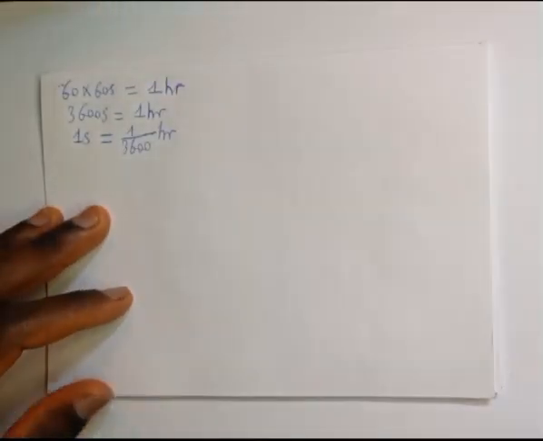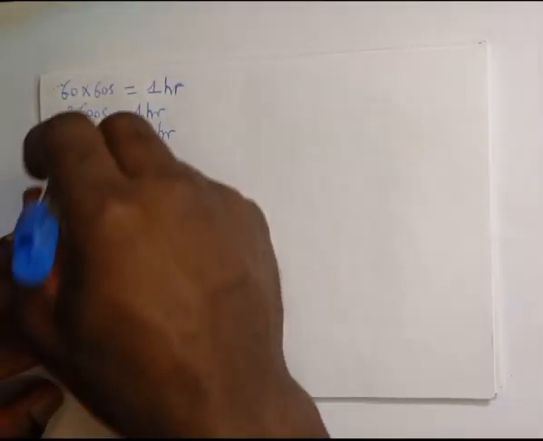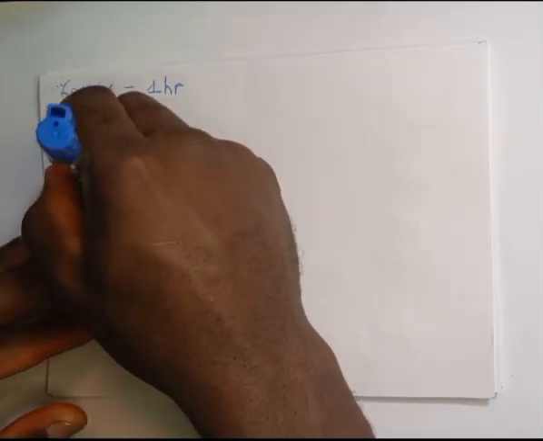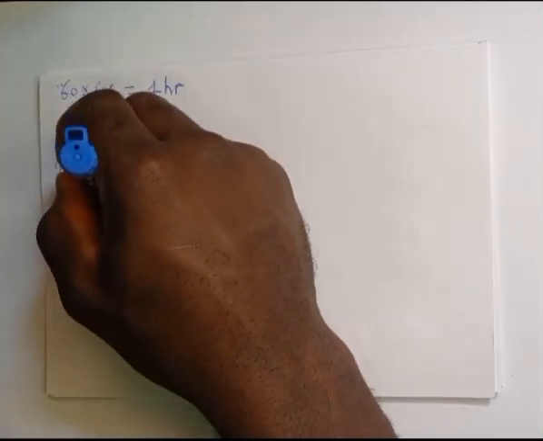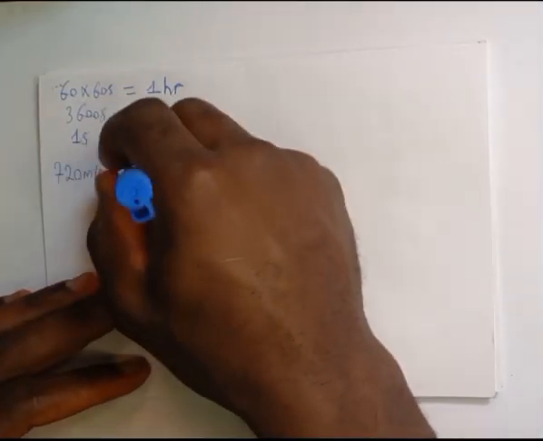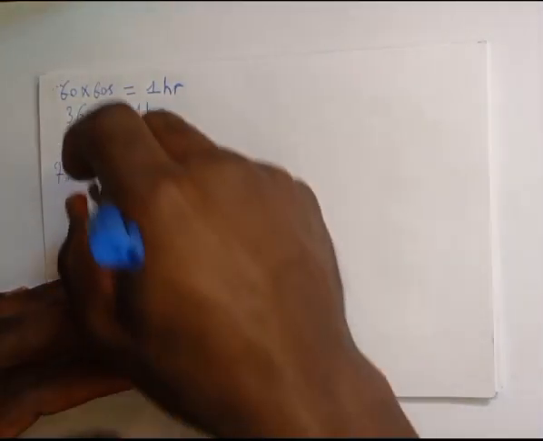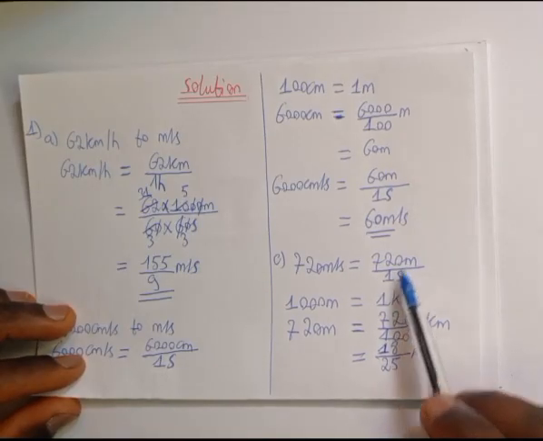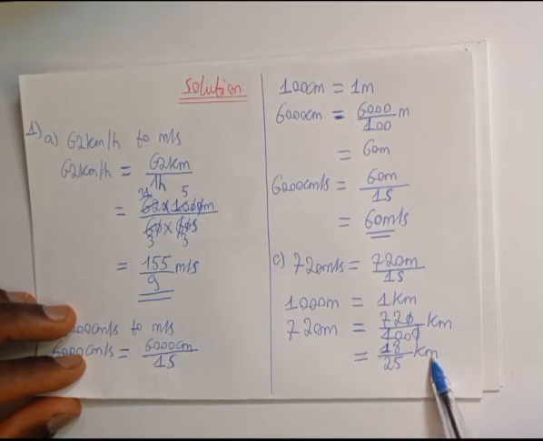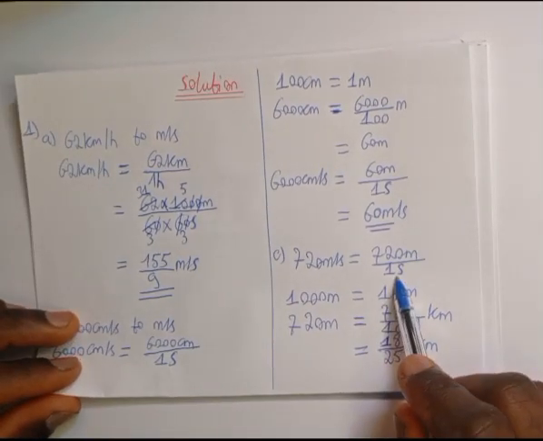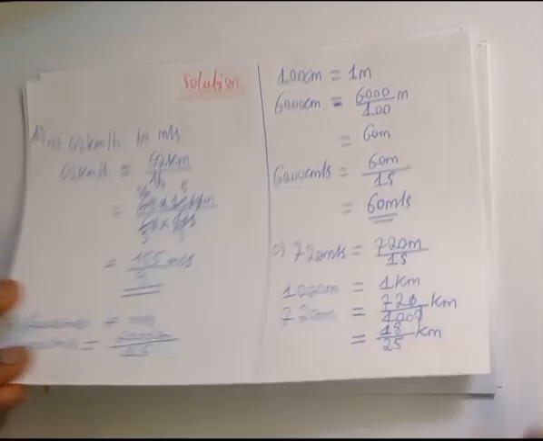The unit here will be hours. Now for us to express the speed of 720 meters per second in kilometers per hour, we are going to replace 720 meters with 18 over 25 kilometers, and we are going to replace 1 second with 1 all over 3,600 hours.